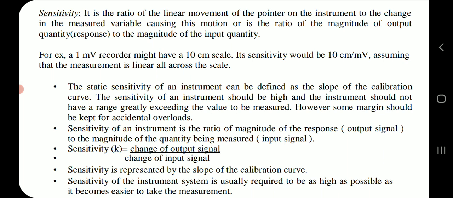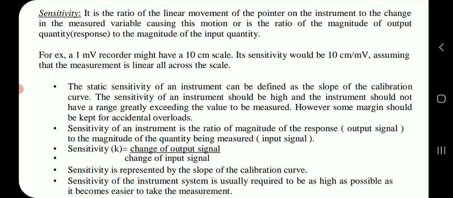For example, a 1 millivolt recorder might have a 10 centimeter scale. Its sensitivity would be 10 centimeter per millivolt, assuming that the measurement is linear all across the scale. The static sensitivity of an instrument can be defined as the slope of the calibration curve.